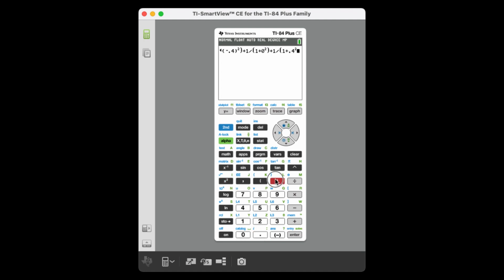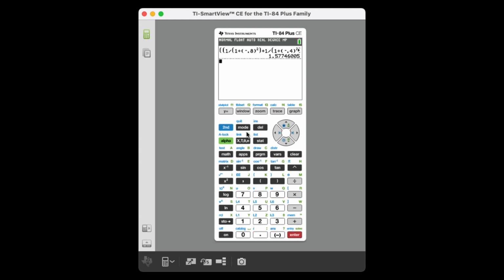Square that. Close it. All right. What comes after 0.4? 0.8. Plus 1 divided by parentheses 1 plus 0.8 squared. Close that twice times 0.4.